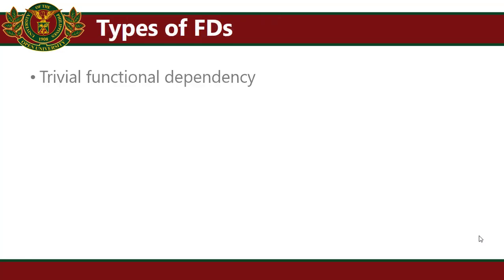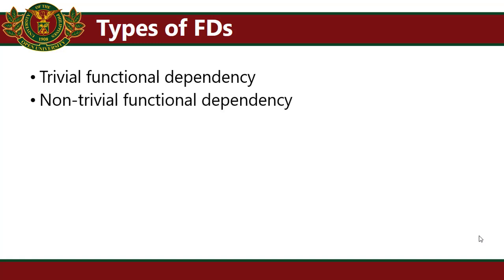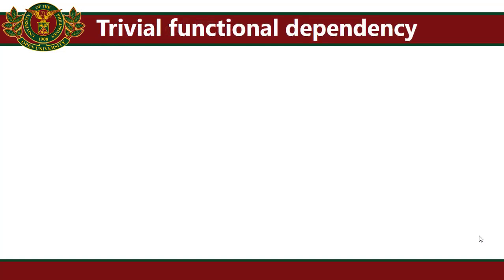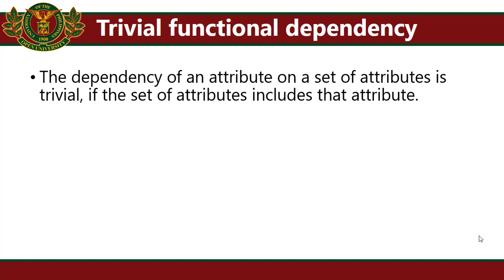Here are the types of functional dependencies: trivial functional dependency, non-trivial functional dependency, multi-valued dependency, and last, transitive dependency. The dependency of an attribute on a set of attributes is known as trivial functional dependency if the set of attributes includes that attribute.